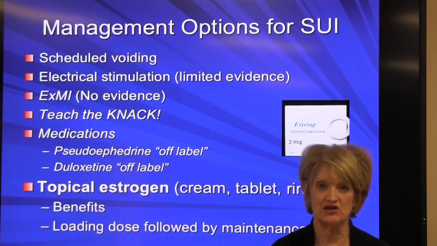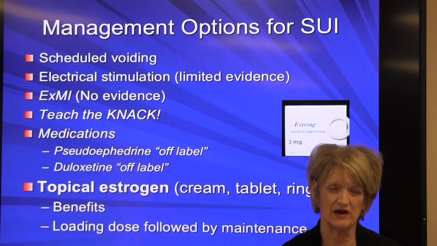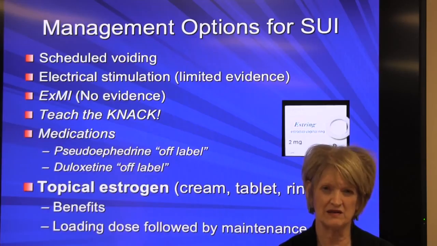What about medications for stress incontinence? There's only 2 medications that can potentially be of benefit that we know about now. Both of them are off-label use. So what about pseudoephedrine? It's a sympathomimetic. We know that sympathetic stimulation of the bladder neck tightens the bladder neck. So theoretically, pseudoephedrine could reduce the incidence and severity of stress incontinence.